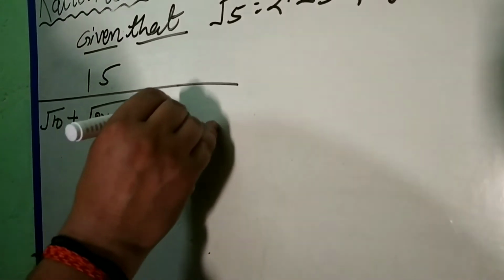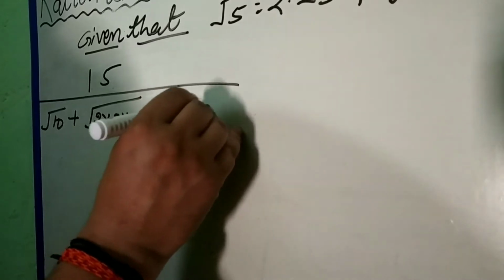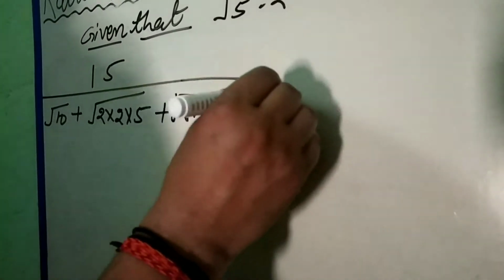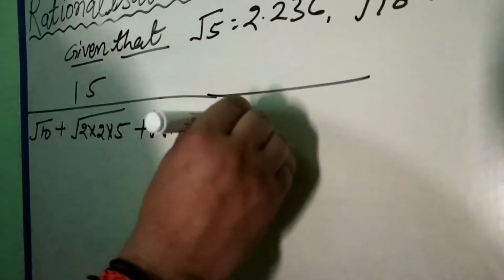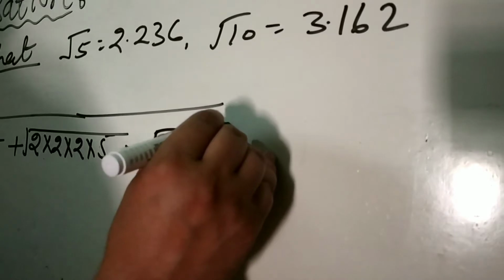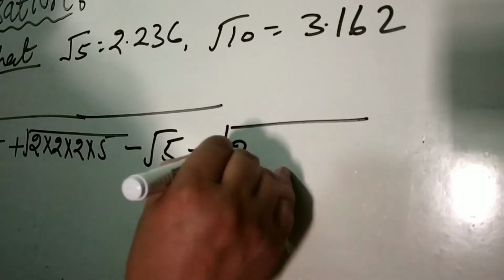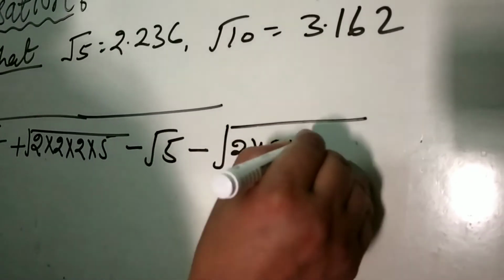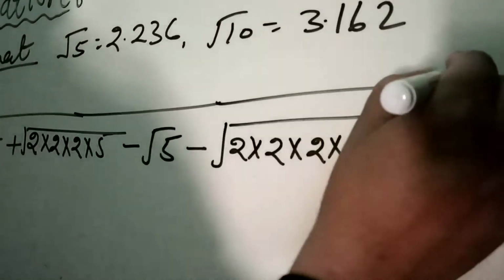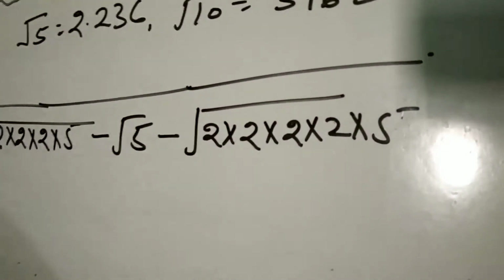Similarly, root 40 can be written as 2 2s are 4, 2s are 8, 5s are 40. Similarly, root 5 remains unchanged, and root 80 can be written as 2 2s are 4, 2s are 8, 2s are 16, 5s are 80.